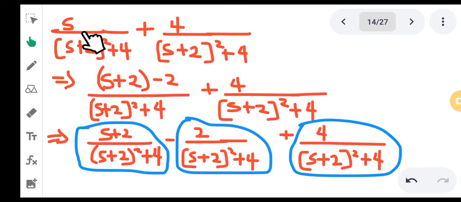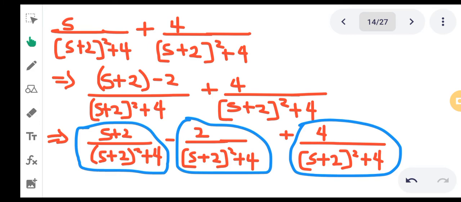So the s here can be written as s plus 2 minus 2. In actual sense, the 2 cancels the 2 and you get back to this. So I can still separate it. We are going to get s plus 2 all over s plus 2 all square plus 4, minus 2 over s plus 2 all square plus 4, then plus my 4 over s plus 2 all square plus 4.